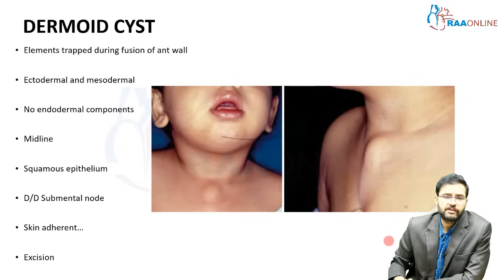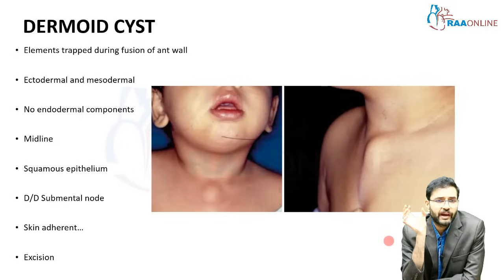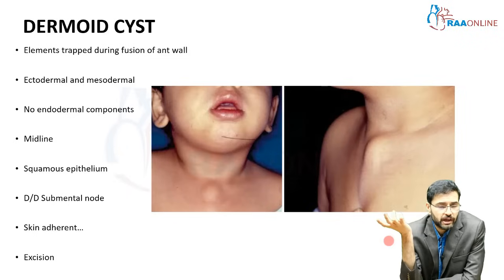Another common cyst in the neck is a dermoid cyst. So these are basically caused because of elements which are trapped during fusion of the anterior wall. They contain ectodermal and mesodermal elements and there are no endodermal components. Hence, it is different from a teratoma, which contains all three germ layers. They are usually in the midline, most commonly located in the suprasternal space of Burns.